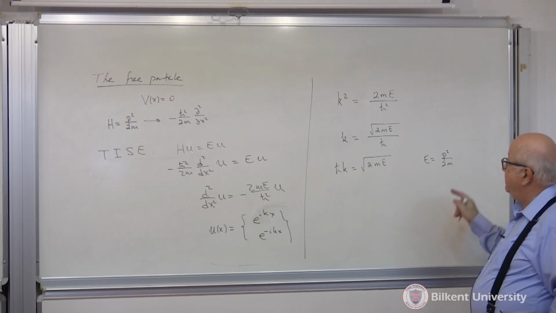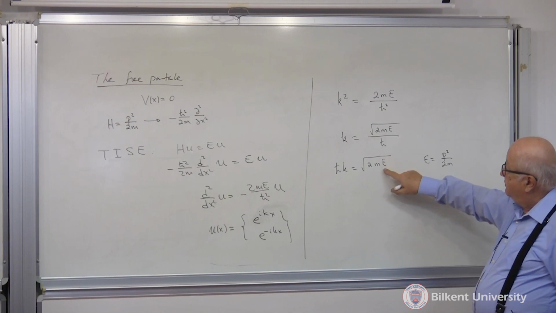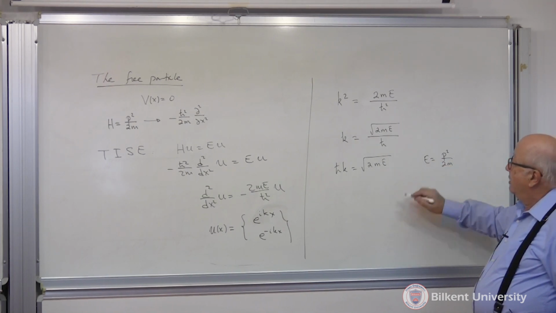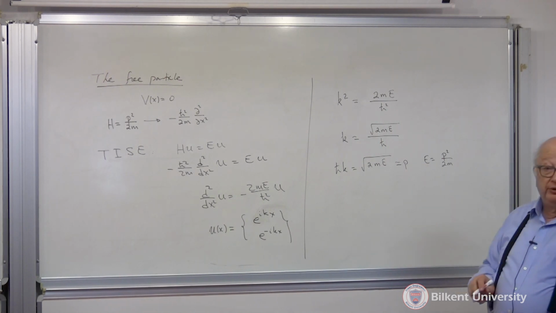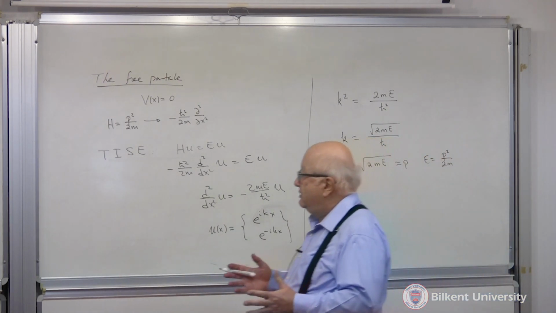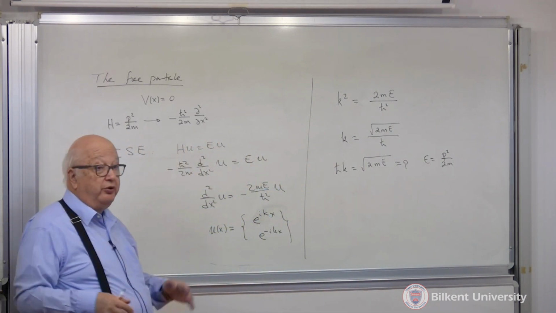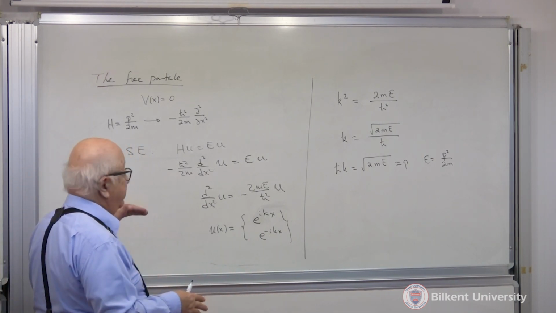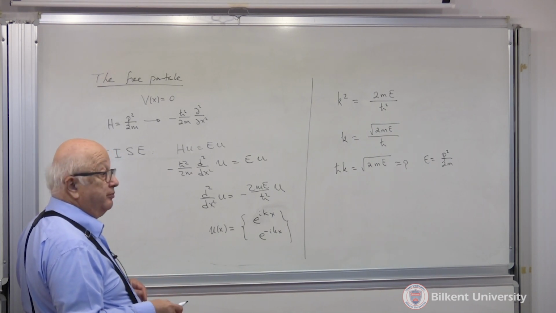So if I put p squared over 2m here, you see 2m's cancel, and then I get square root of p squared, which is just p. Okay, so h bar k is the momentum of the particle. And that makes sense because in this system, momentum is conserved. There's no potential. Okay, if I have a constant energy, it corresponds to a constant momentum.